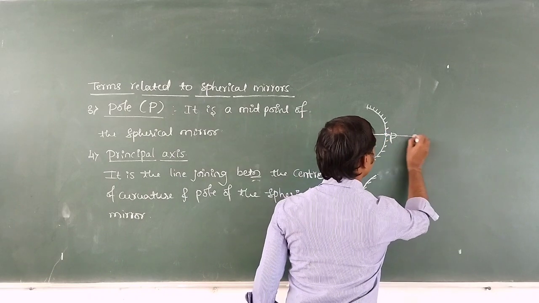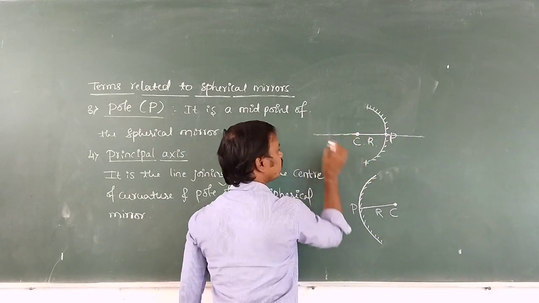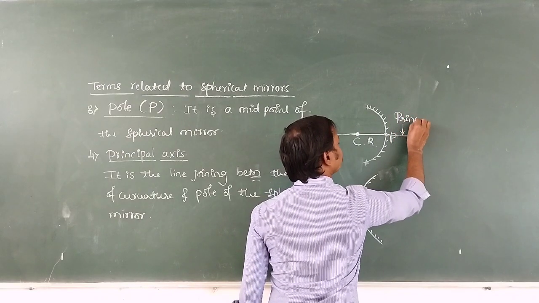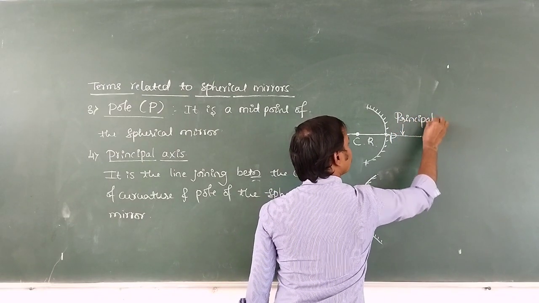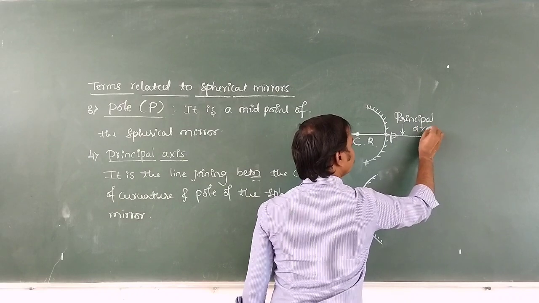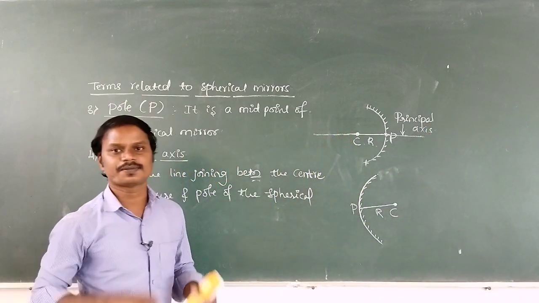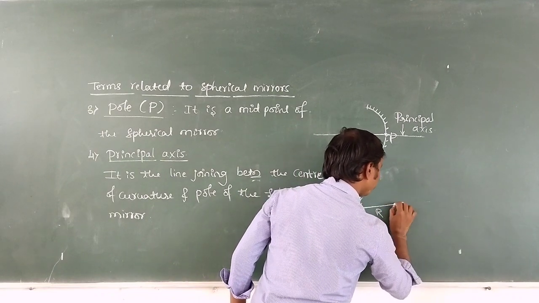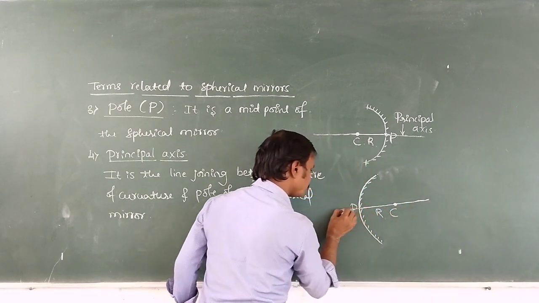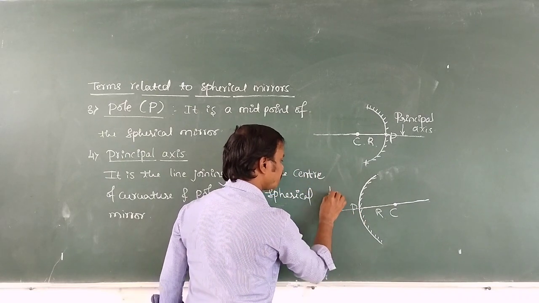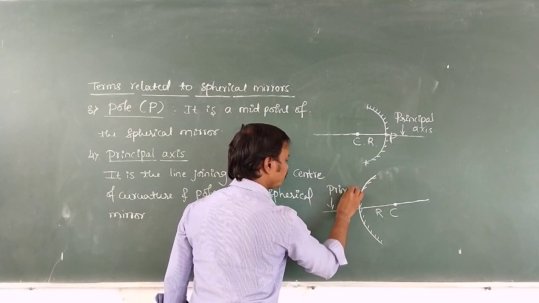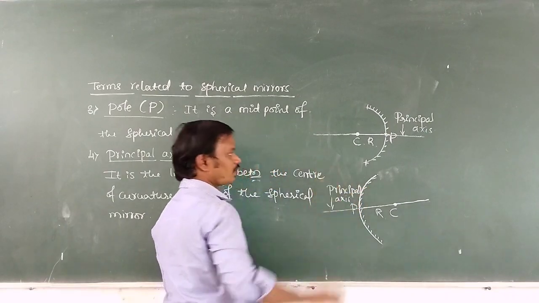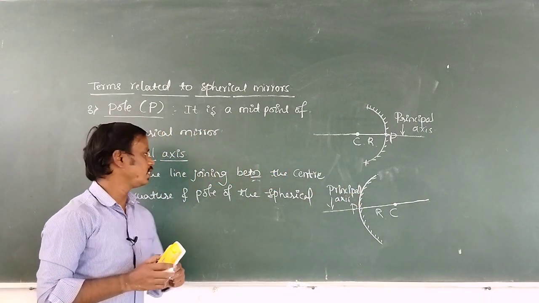This side also we can extend, this side also we can extend, and this axis is called principal axis. Okay, this is the principal axis.